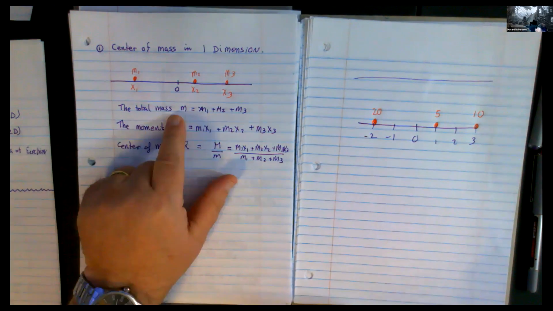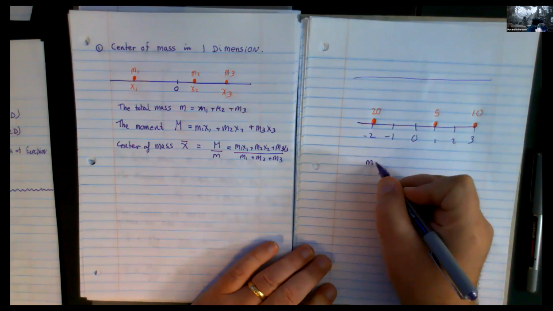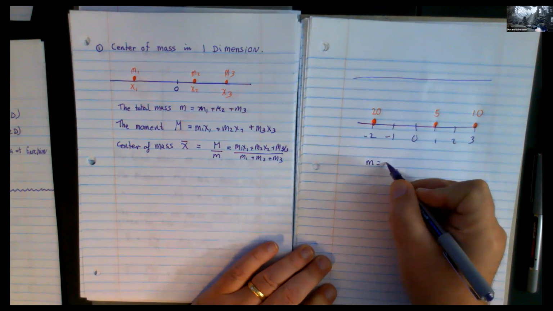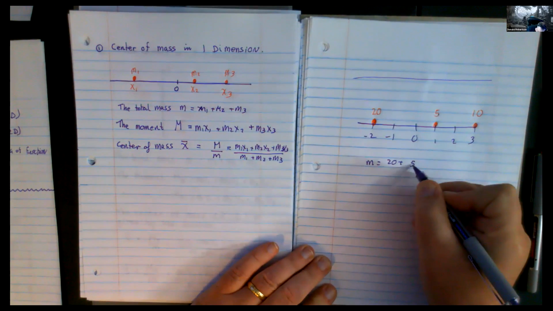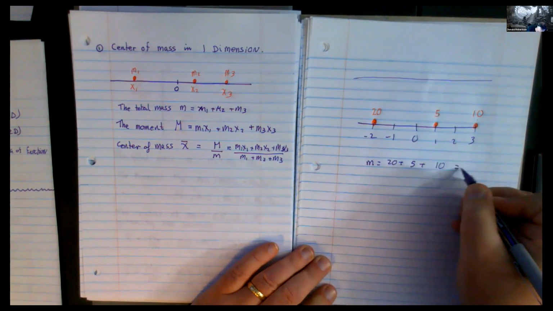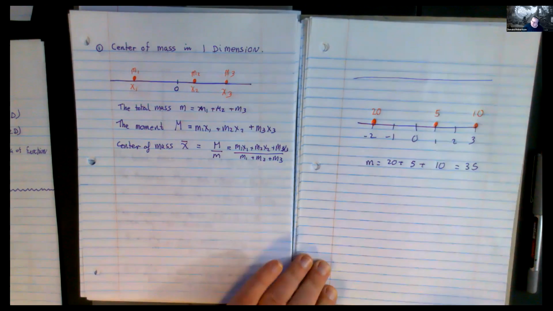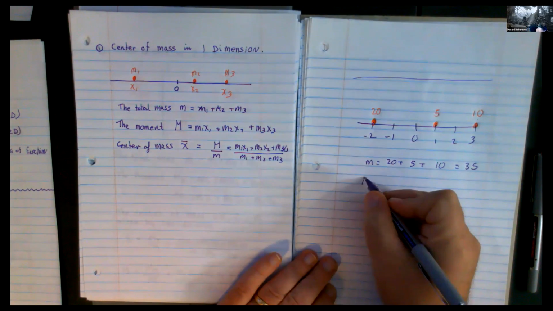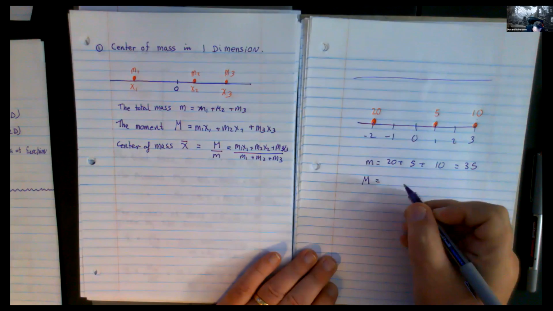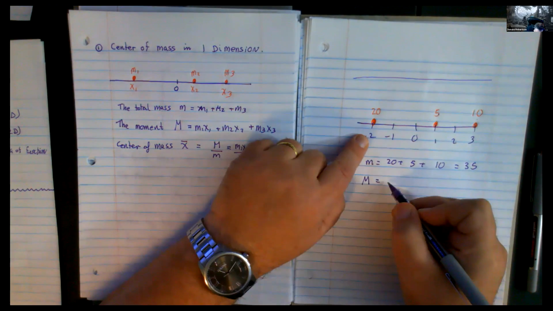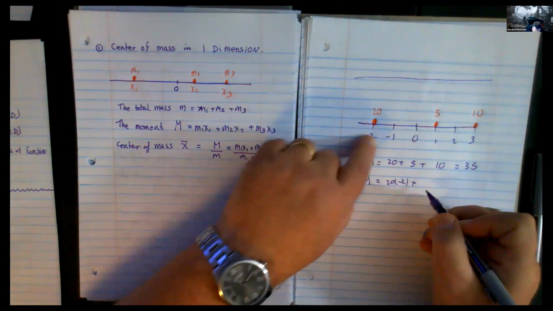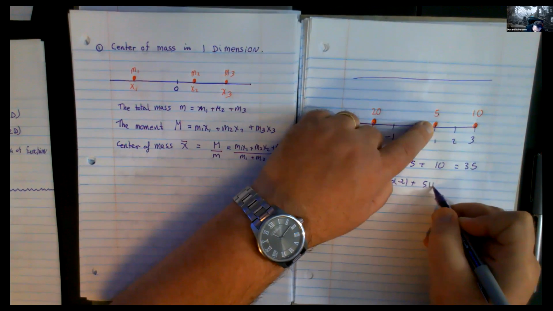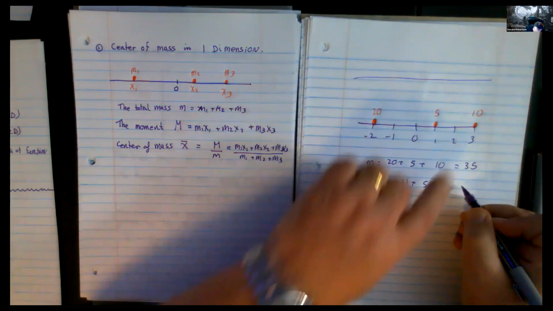Right, so according to the process, we find the total mass, which in this case is 20 plus 5 plus 10. So that gives me a mass of 35. We find the moment, capital M, and that's 20 times its position at -2, plus 5 times its position at 1, plus 10 times its position at 3.